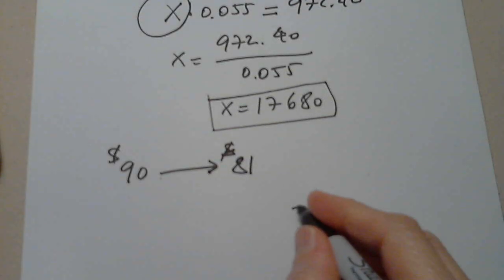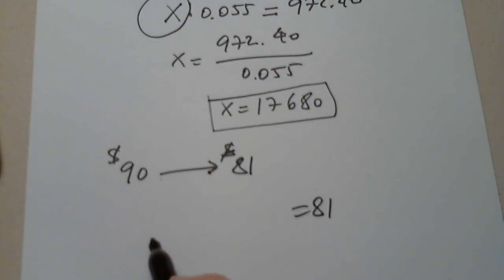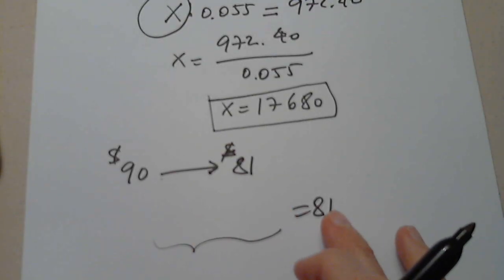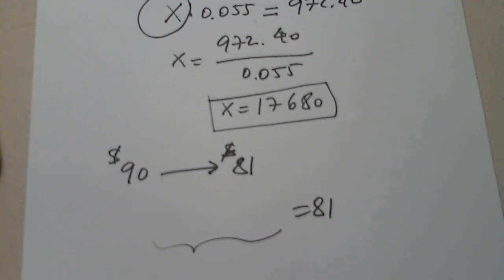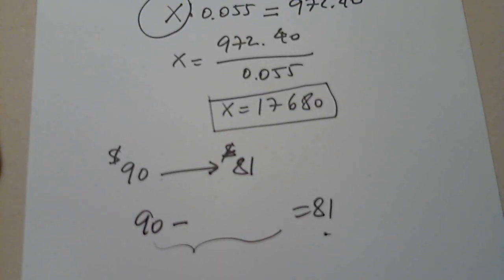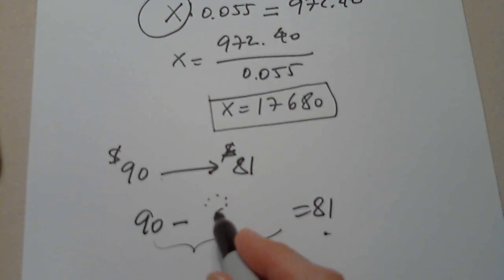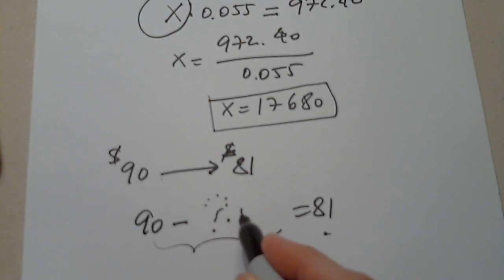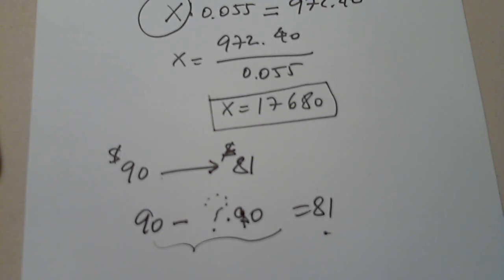So we ended up paying 81. Well, what do I have to do to the left-hand side? This is the final price. But to get here, I have to start with 90, and I have to subtract some percentage applied to 90, because it's a price reduction.